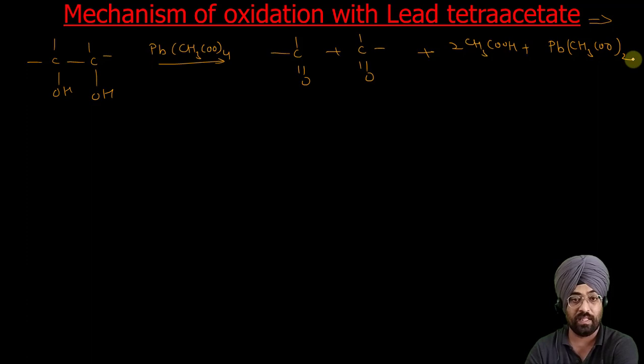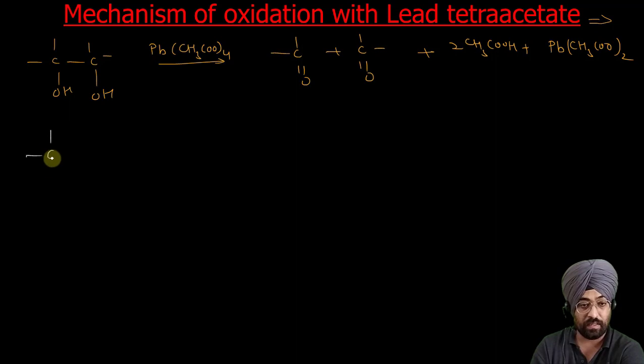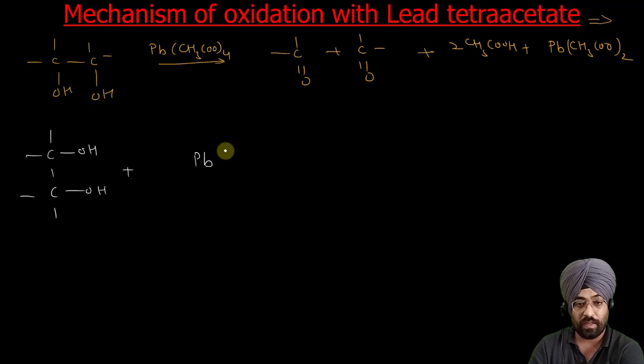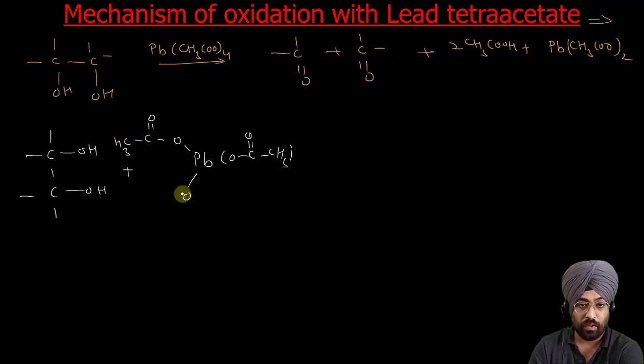So let us try to write its mechanism. Once again, I will just write it like this: C-OH plus lead tetraacetate. So I will simply write it like this, OCOCH3 twice, and OCOCH3, and they will be removed as acetic acid.